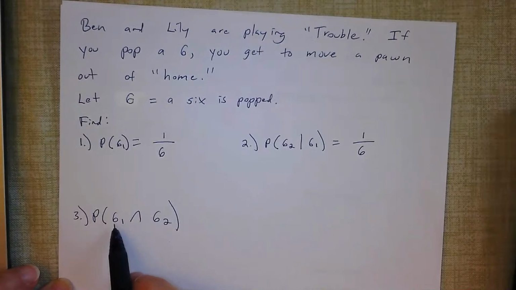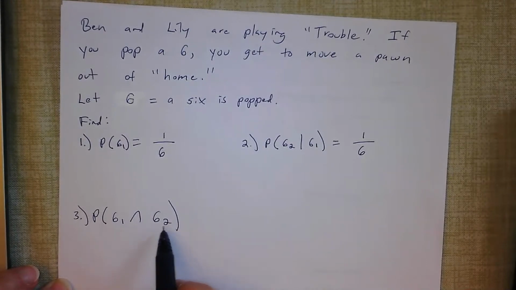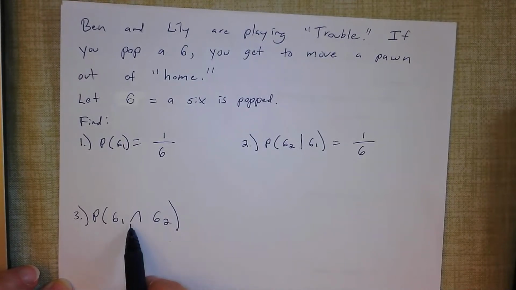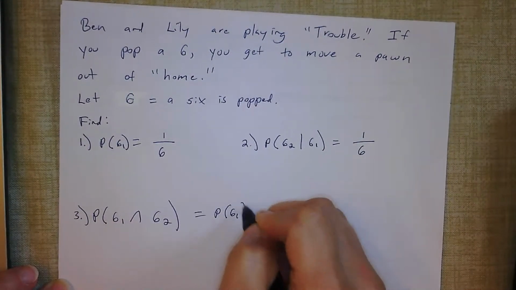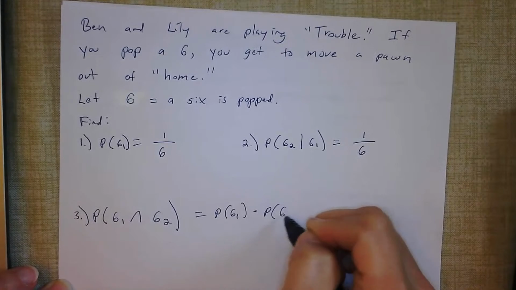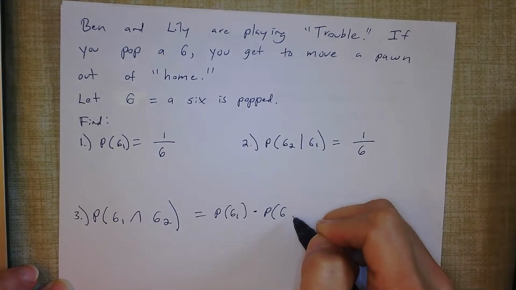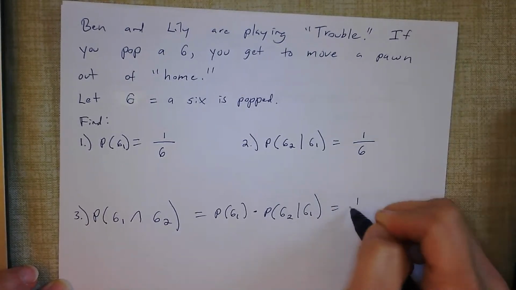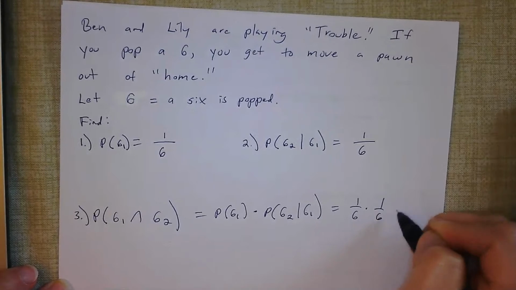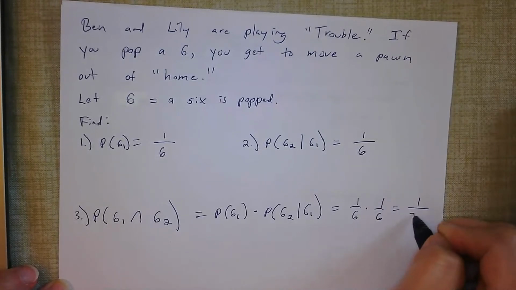So now popping a 6 on the first and popping a 6 on the second is just going to be 1/6 times 1/6, which is 1 out of 36.